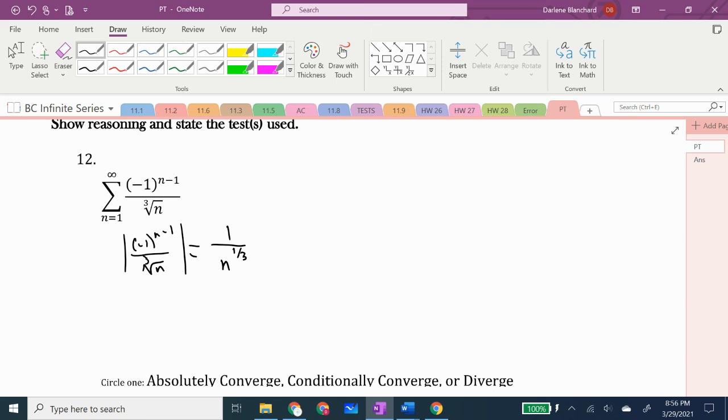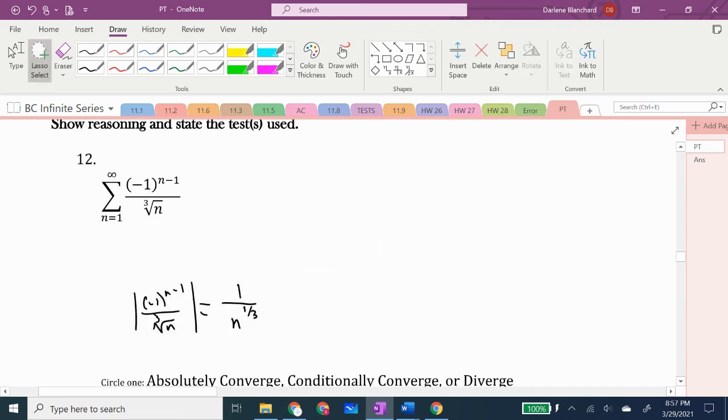I am using the alternating series test. And actually, I'm going to lasso and move this so that I can say specifically, if I am testing this series with the alternating series test, I need to state first, it's an alternating series.